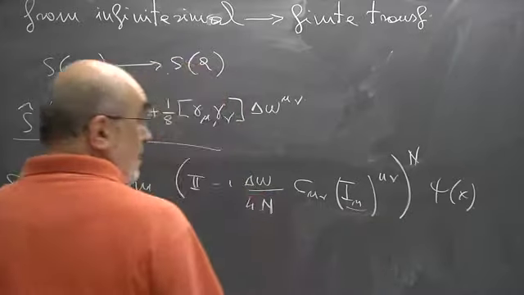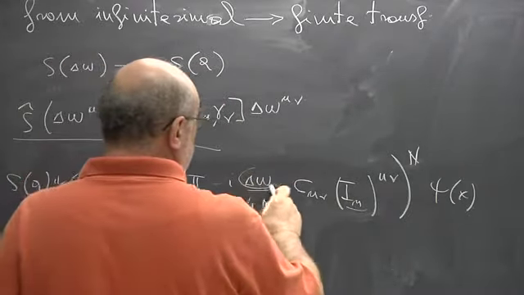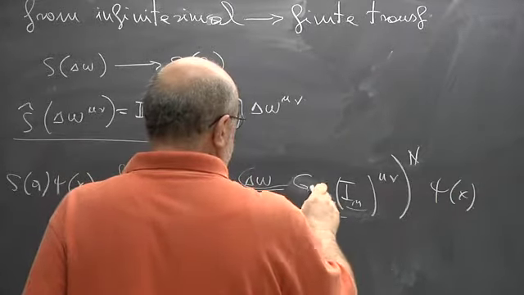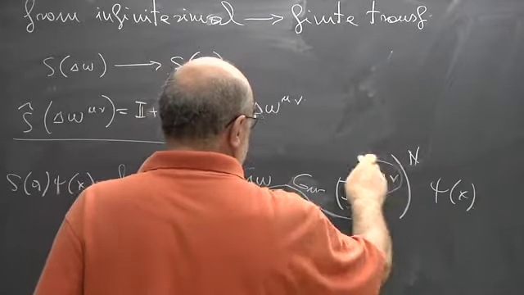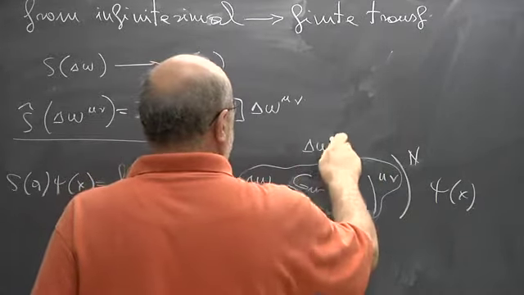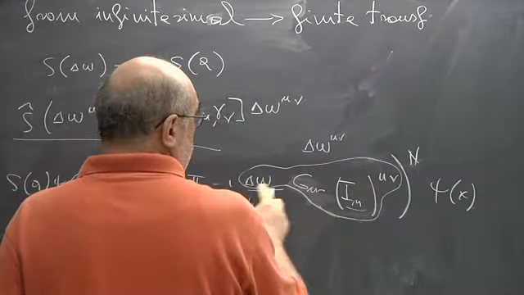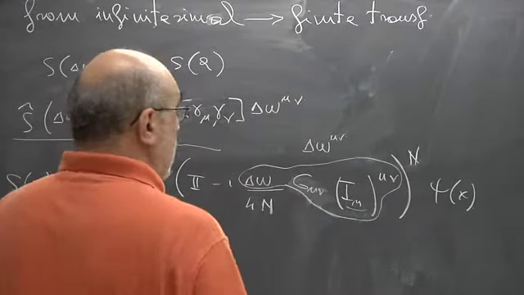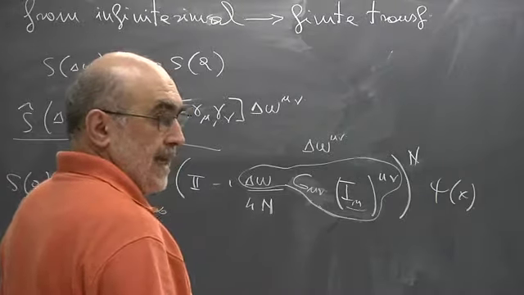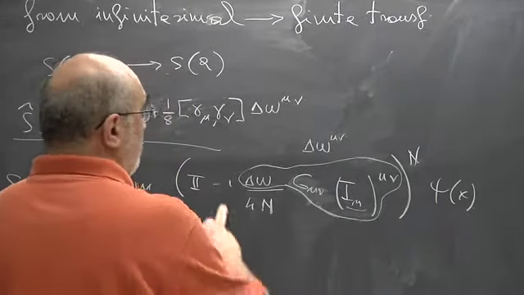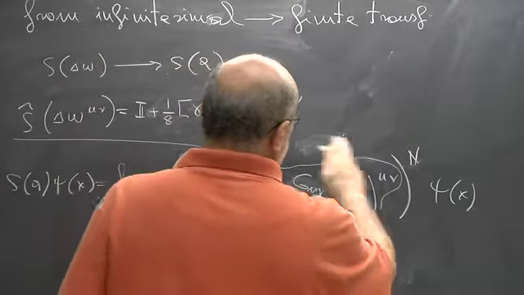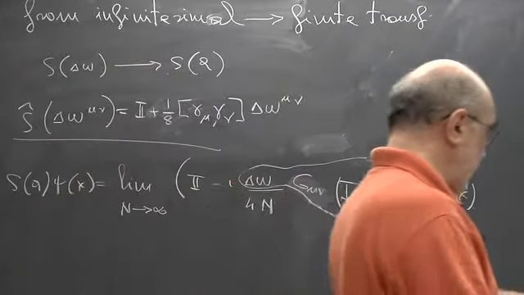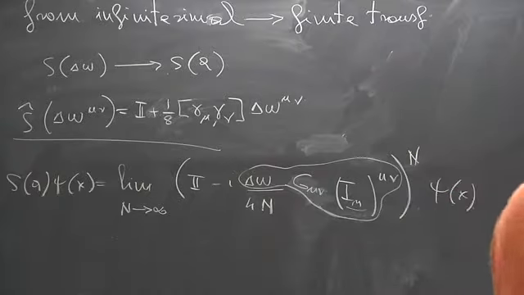This I_{μν} is the same matrix as before, because this object is Δω_{μν}. It's the same object that we had before, and I decided to do a very simple example in which there is only one parameter. This is the finite transformation, so let's work out the details.